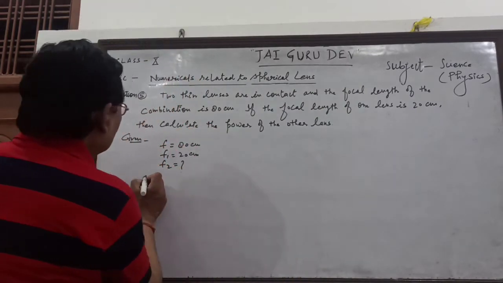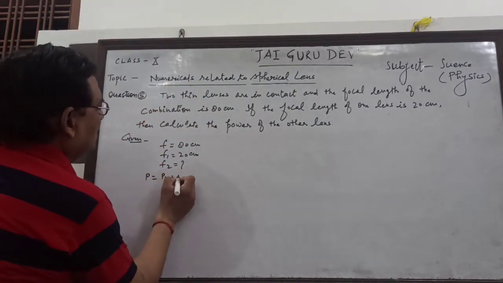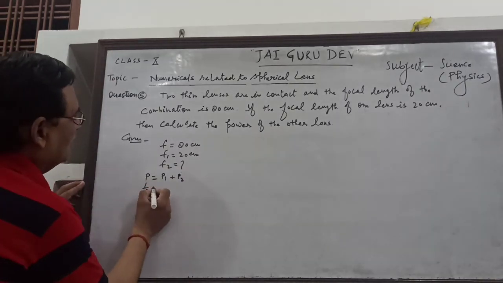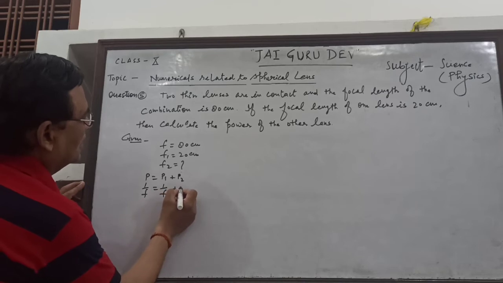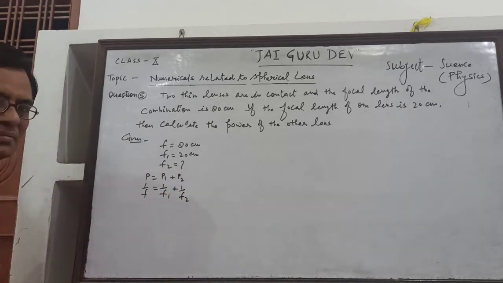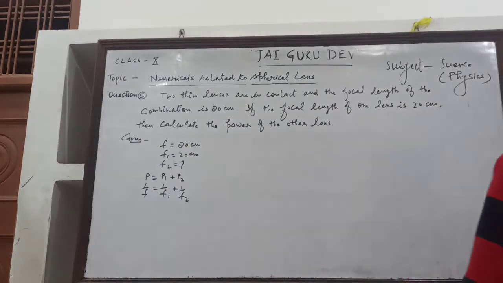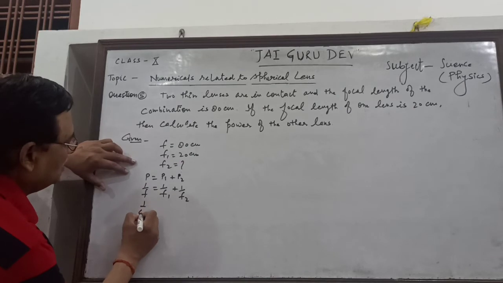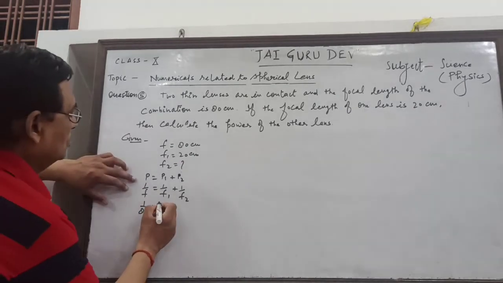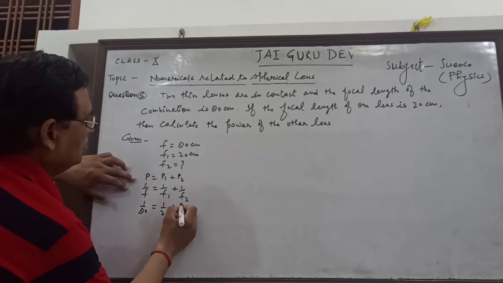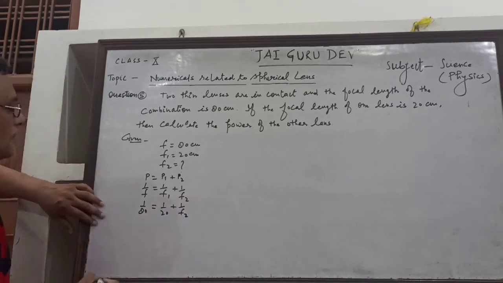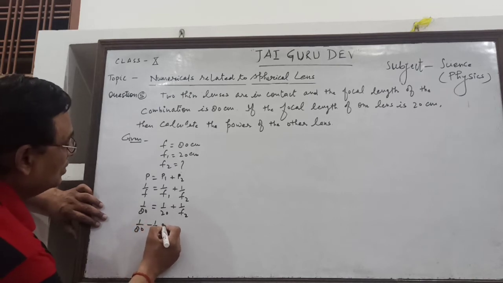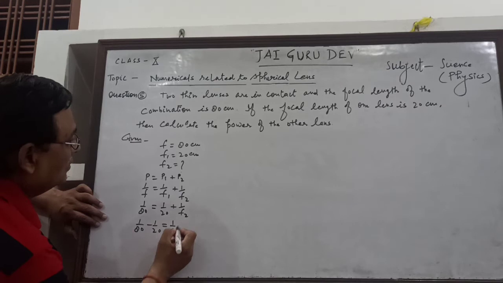We know P is equal to P1 plus P2, or we can write 1 upon F is equal to 1 upon F1 plus 1 upon F2. Keeping the values, 1 upon 80 is equal to 1 upon 20 plus 1 upon F2. Okay. So 1 upon 80 minus 1 upon 20 is equal to 1 upon F2.